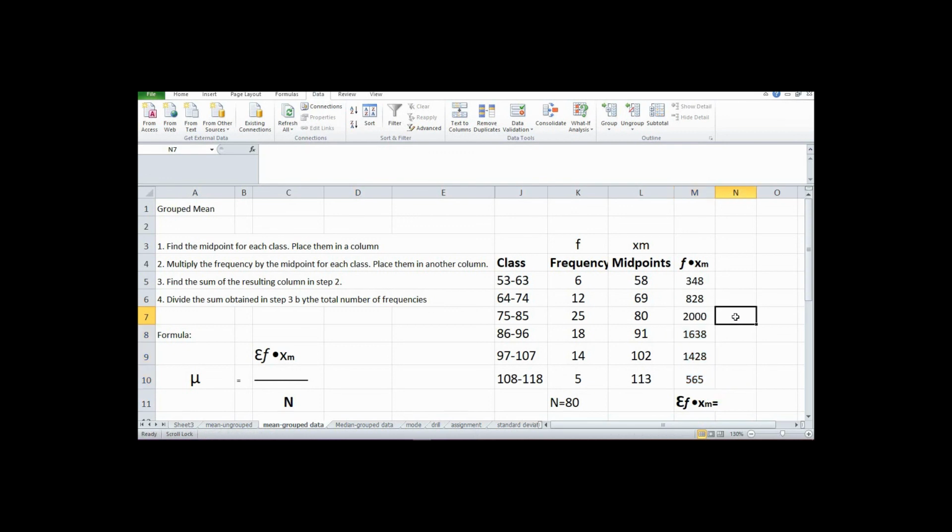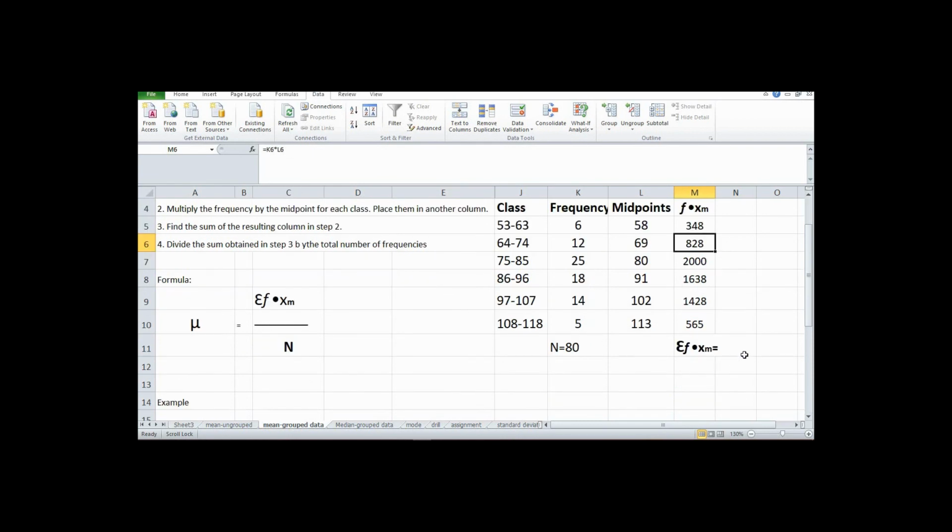Assuming to recheck, 25 times 80, so the same, no? So we have the same. What I did is I just copied the formula here up to the bottom to save time.